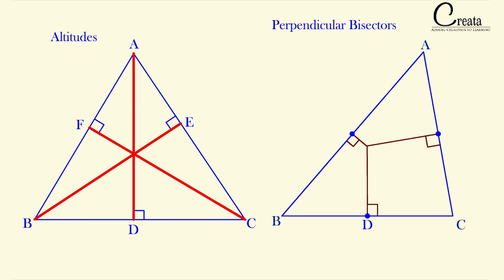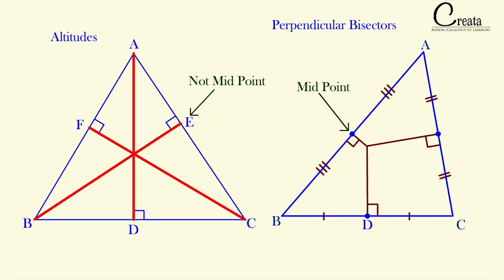Perpendicular bisectors bisect the sides as well as being perpendicular to them, while the altitudes are just perpendicular to the sides of the triangle, they do not bisect the sides.